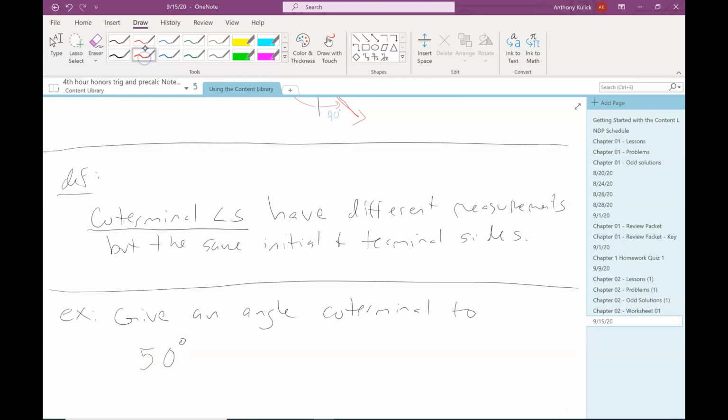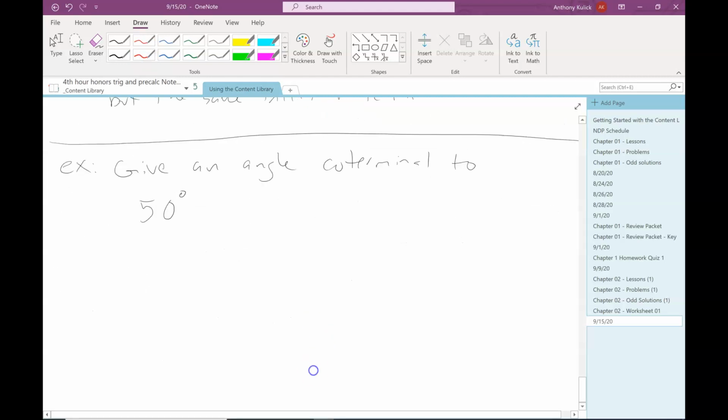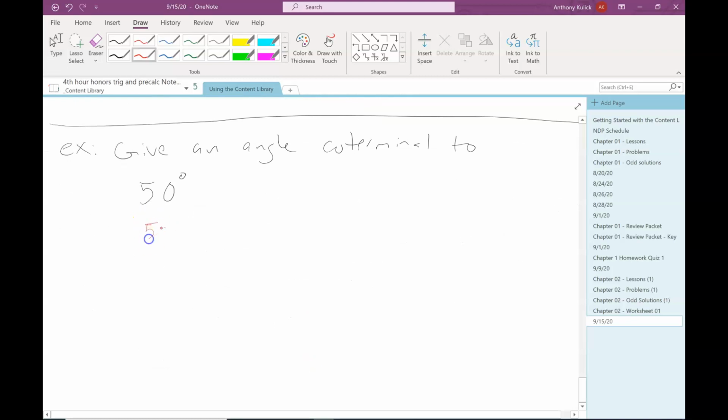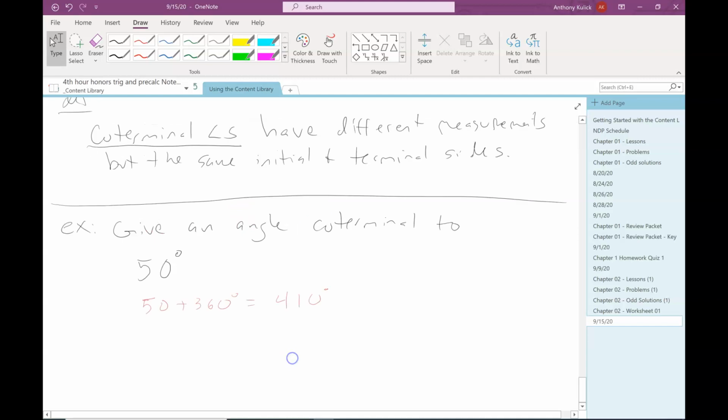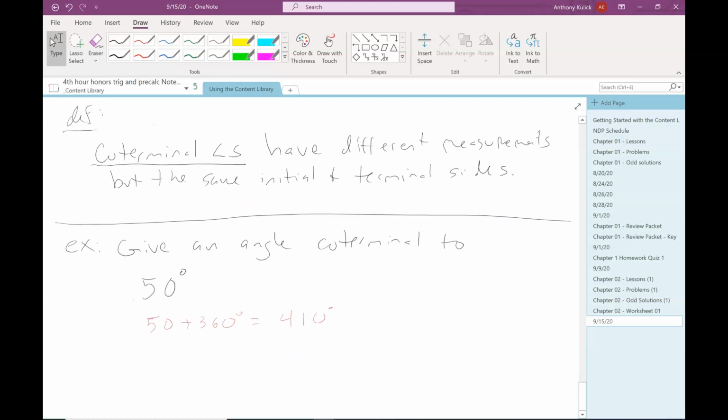So if I ask you for an angle that's coterminal to 50 degrees, what can you do? Add 360. Yes? What if I wanted an angle that was coterminal to that one? Add 360.